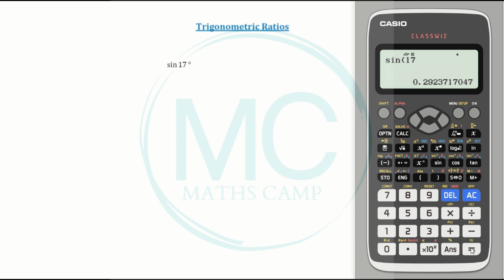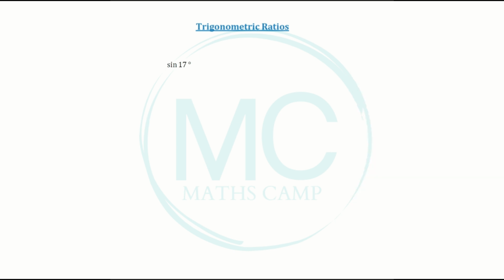When finding values of trigonometric ratios, you will usually see numerous digits after the decimal place, and you don't need to write down all of these numbers as your answer. Unless the question specifies otherwise, you can round your answer off to 2 decimal places. So here we have 0,2923, and so on, which we can round off to 0,29.